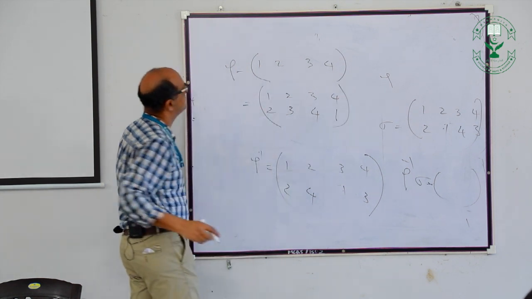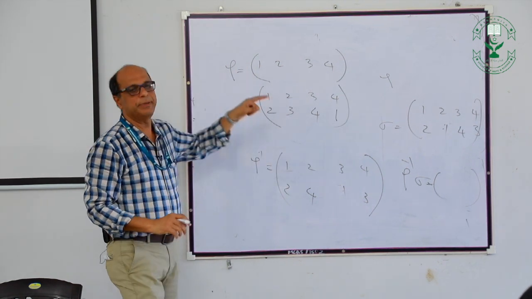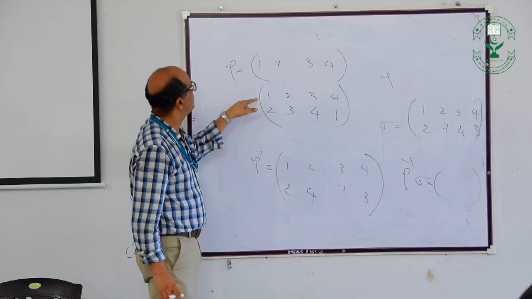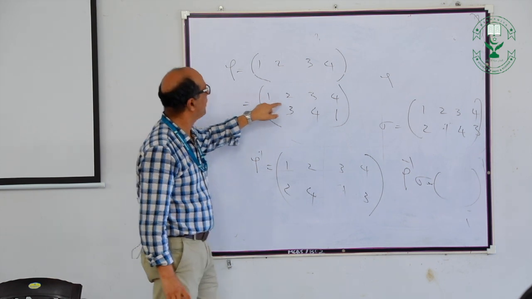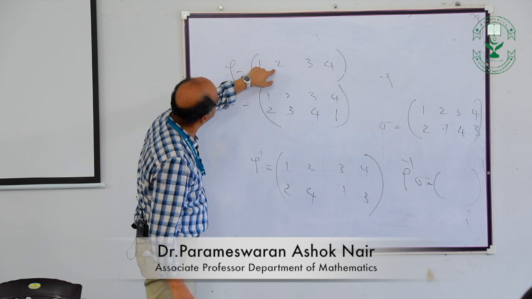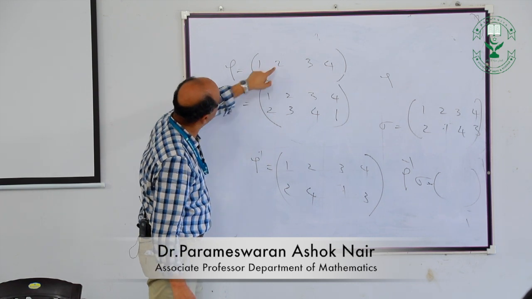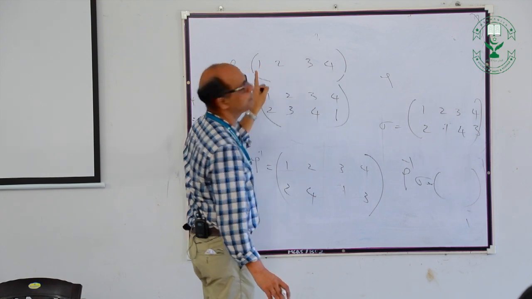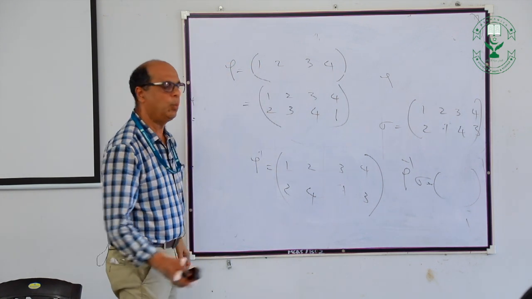Sometimes in your question paper you see a line like this, that means this is the map. You have to write the domain as 1, 2, 3, 4. You see, 1 maps to 2, then 2 maps to 3, 3 maps to 4, and finally 4 maps to 1. This is how we define it.